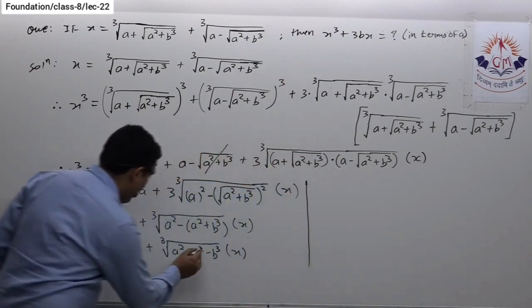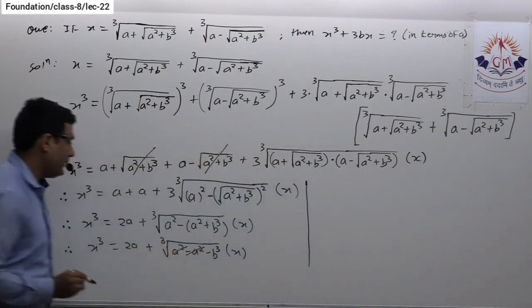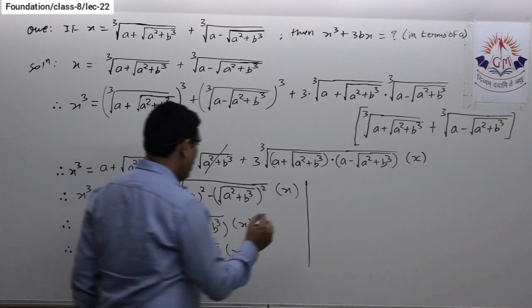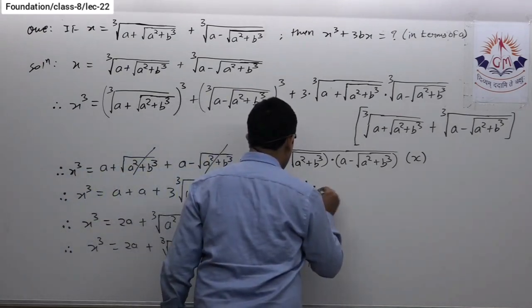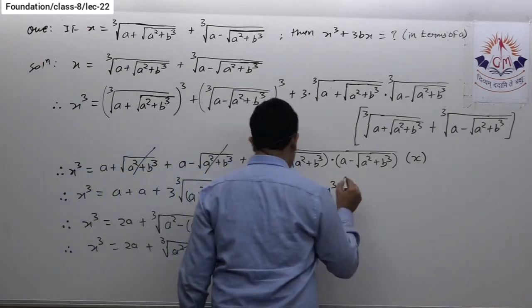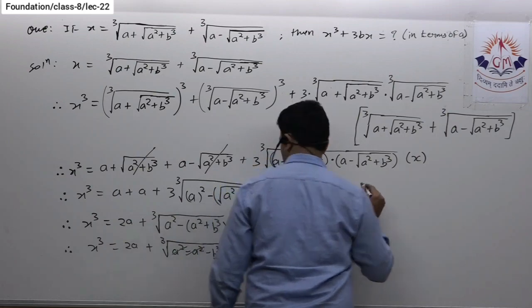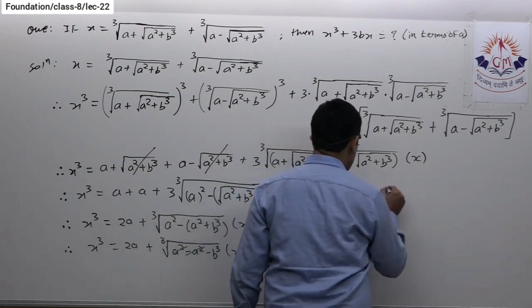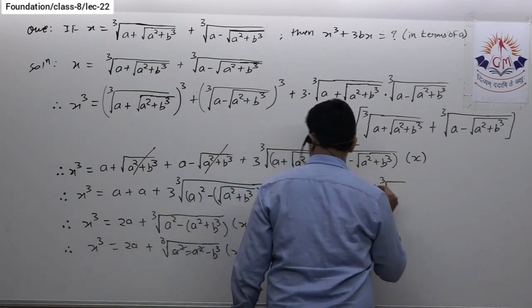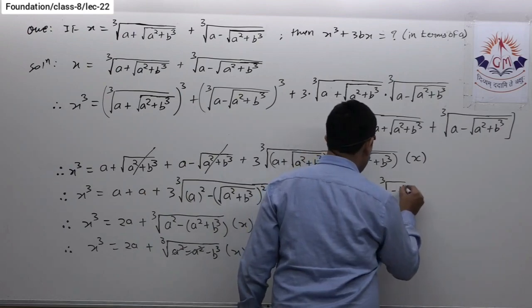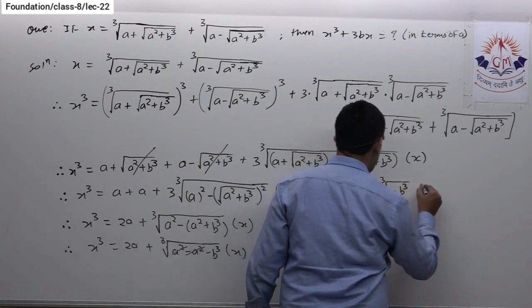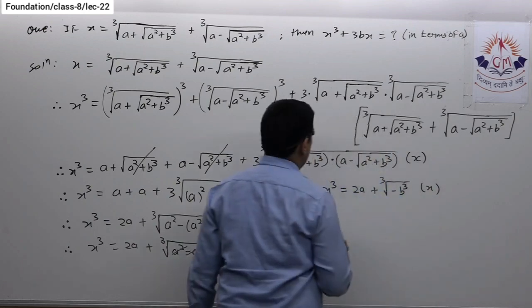Okay, so this minus a square plus a square cancel out. So here I will get, therefore x cube is equal to 2a plus cube root of minus b cube multiplied by x.